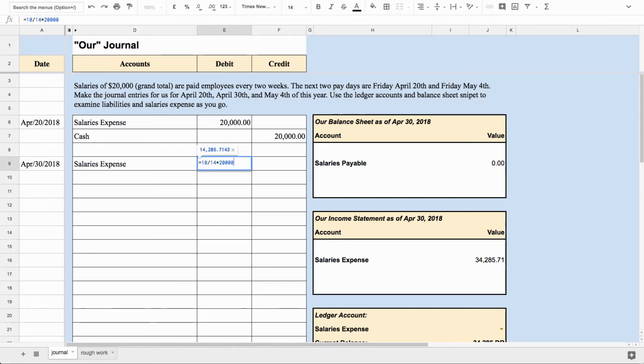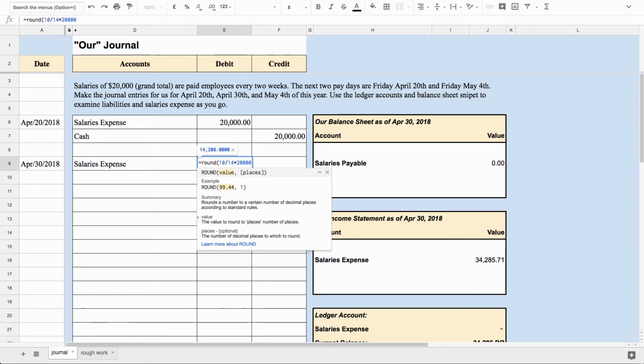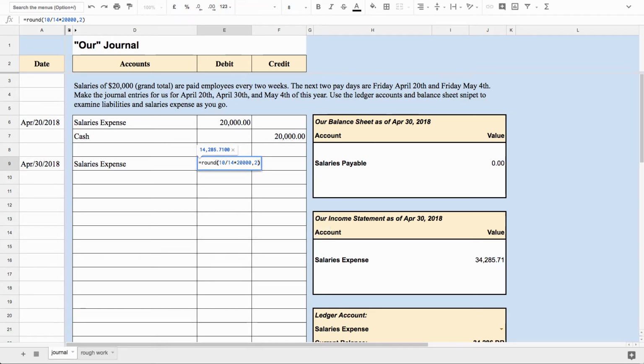The fancy way is to round, and the round function in your assignments is you go equals round, open bracket. And then you put your formula or your calculation, and it's going to round that. Once you've calculated it all, you put round in front, and at the end, you put a comma. And then after the comma, you specify how many decimal places to round to, and you close it. And now it rounds automatically, right?